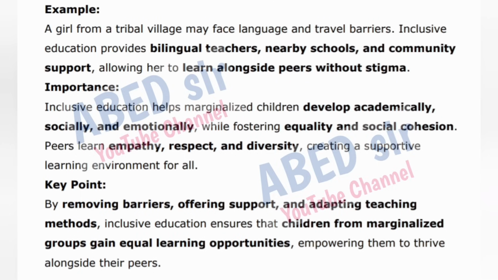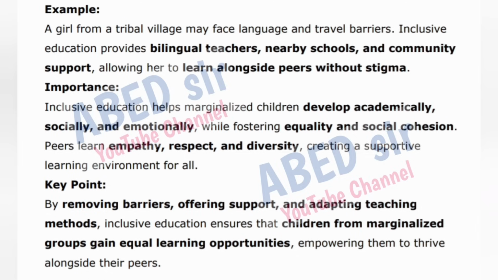Example: a girl from a tribal village may face language and travel barriers. Inclusive education provides bilingual teachers, nearby schools, and community support, allowing her to learn alongside peers without stigma. Importance: inclusive education helps marginalized children develop academically, socially, and emotionally, while fostering equality and social cohesion.